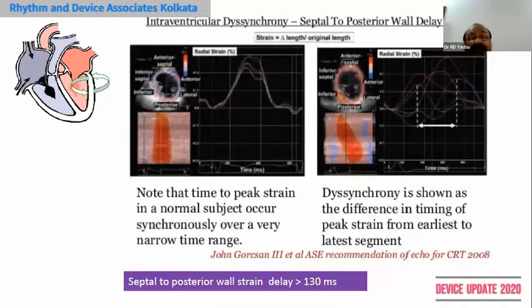So selection is also important apart from lead positioning and other things. If the septal to posterior delay in strain pattern is more than 130 milliseconds, they are going to benefit from CRT implantation.